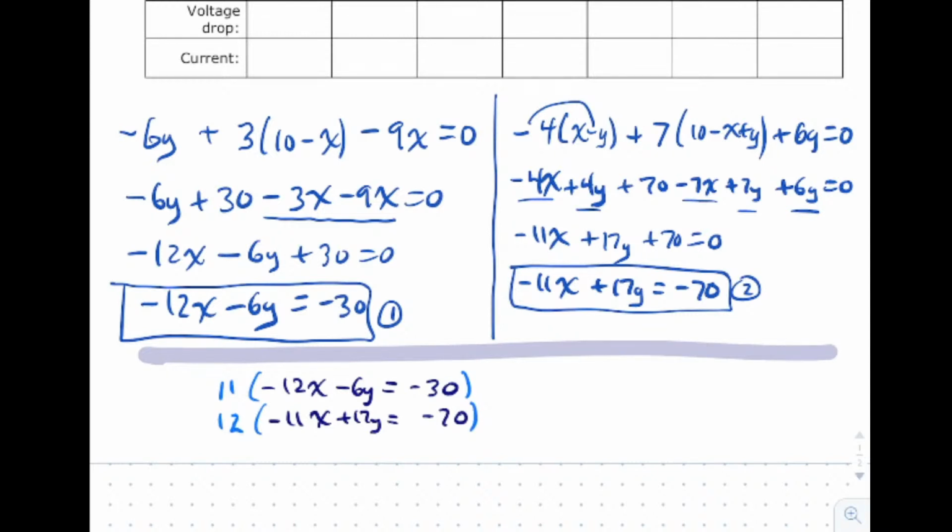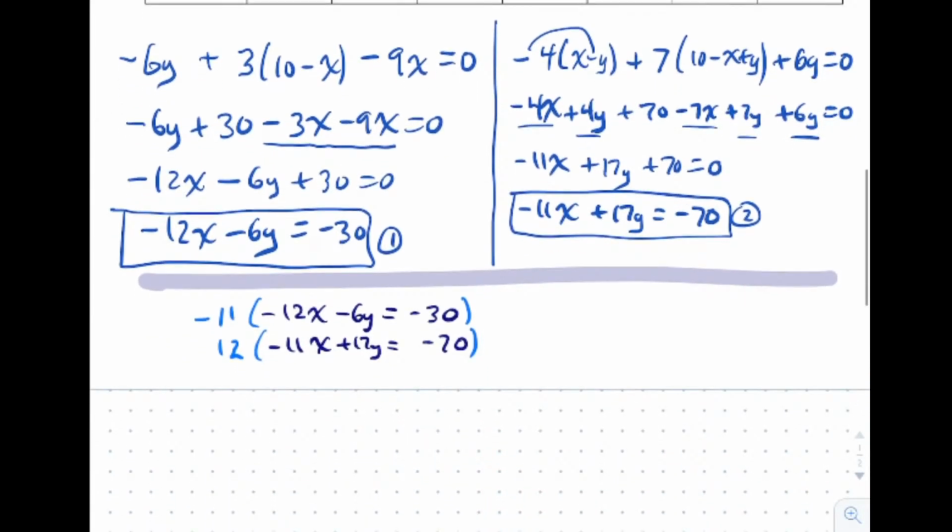So 11 times 12 is 132, so I have negative 132x's. Actually, I want one of those to be a positive. So if I use a negative 11, this will work a little better. So negative 11 times negative 12 is a positive 132x. Negative 11 times negative 6 is a plus 66y. Negative 11 times negative 30 is a positive, I want to say 330, right?